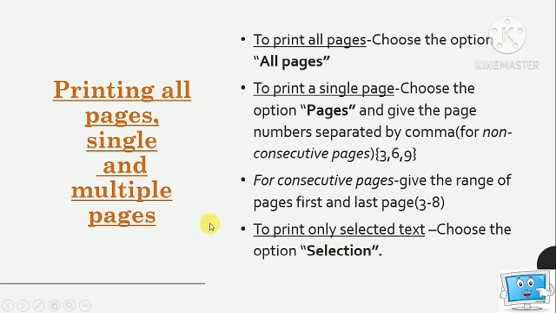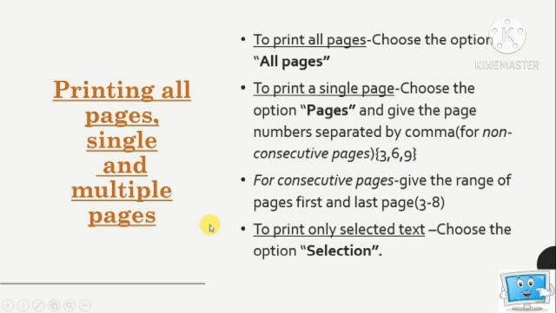I want only pages 3, 6 and 9. At that time I will be giving the values 3, 6, 9, which means those particular pages alone will be printed. After giving the particular page numbers, I am clicking the OK option, and those pages alone will be printed. Understood, students?